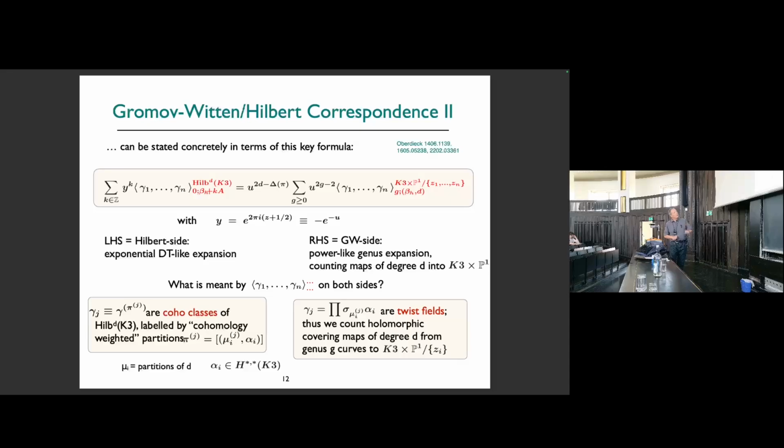So these are sort of hybrid objects. And on the right-hand side, these things are just twist fields, yeah, which are sort of creating branch points at these locations, also intermingled with the same K3 cohomology classes. So we count holomorphic covering maps of degree d of genus g surfaces into K3 cross P1.